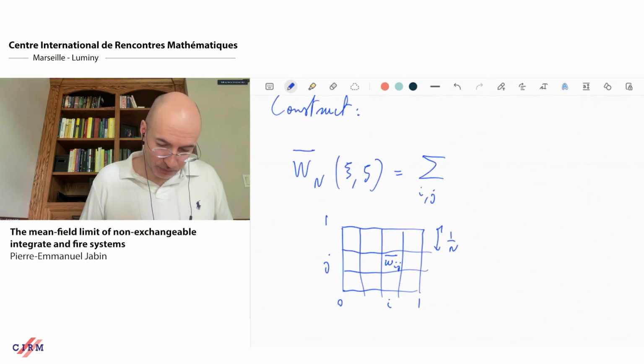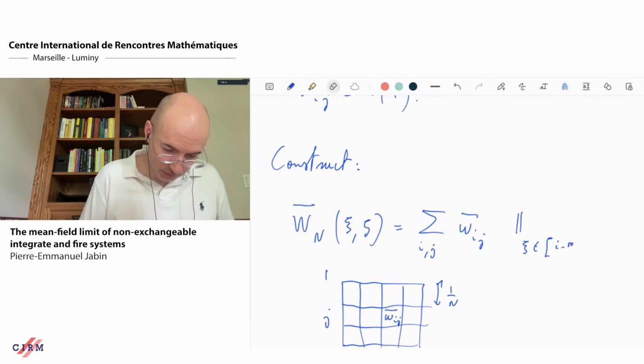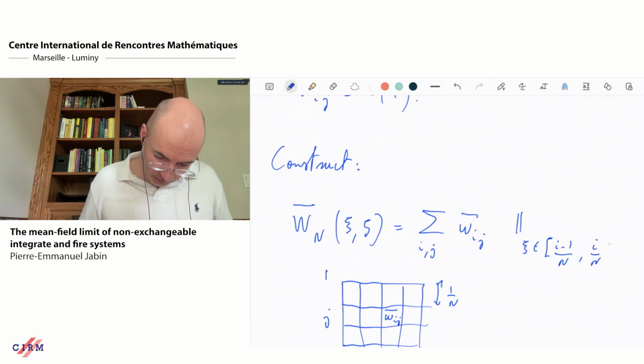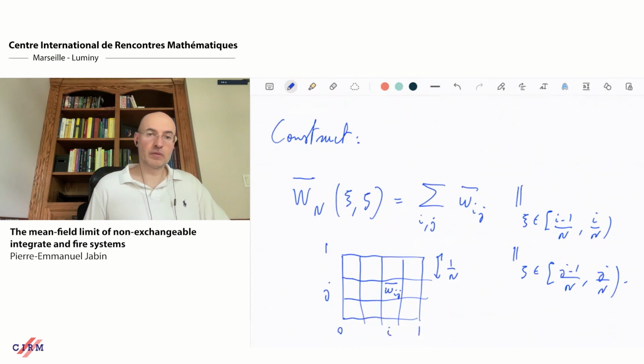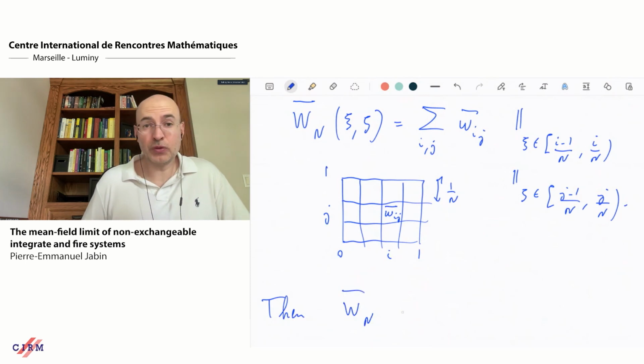So if you want a math formula, this is something like that: psi is in ((i-1)/n, i/n), and zeta is in ((j-1)/n, j/n). Then W bar n is uniformly bounded in L infinity.